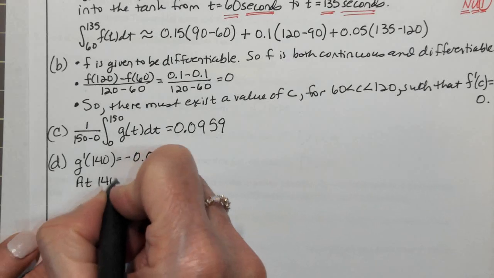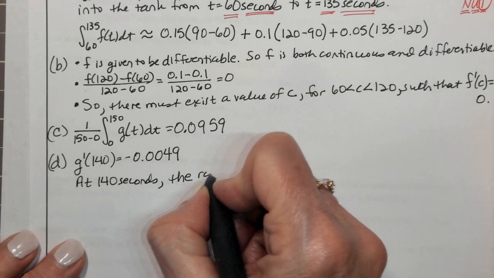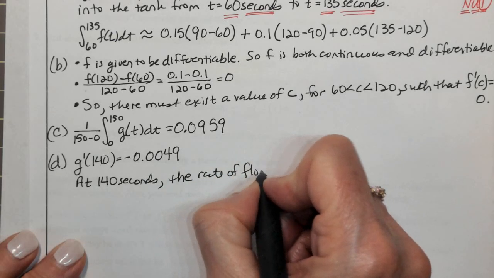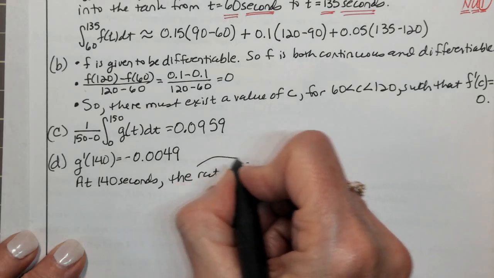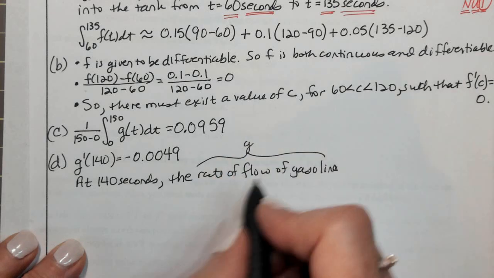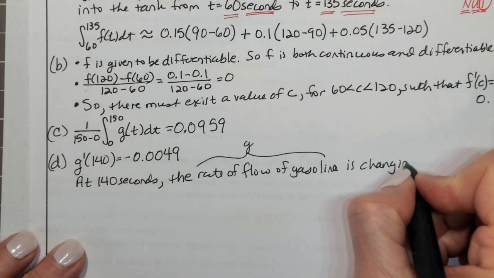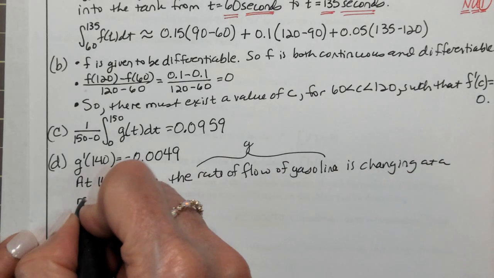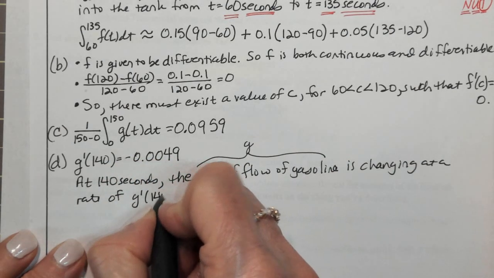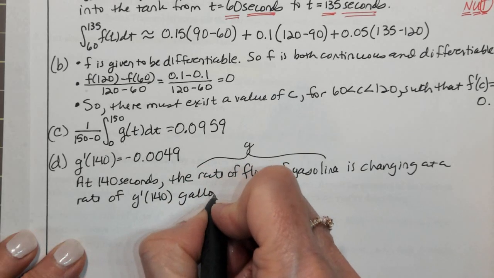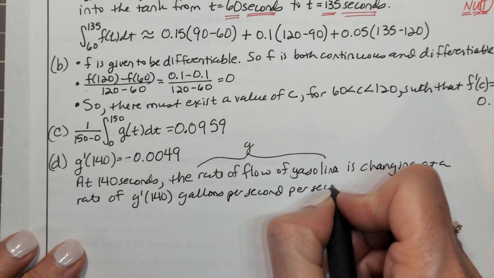At 140 seconds, the rate of flow of gasoline, that's what G is. That's just G. The rate of flow of gasoline is changing at a rate of G prime of 140 gallons per second per second.